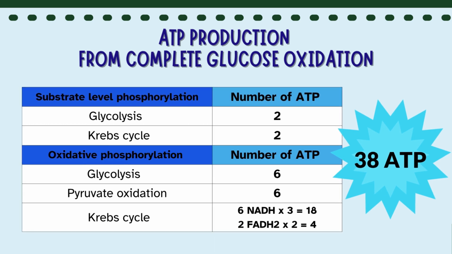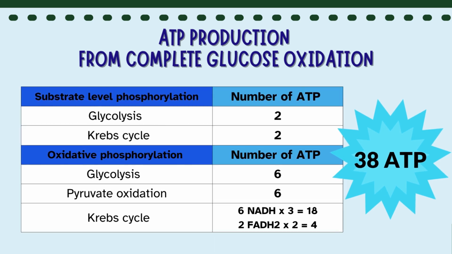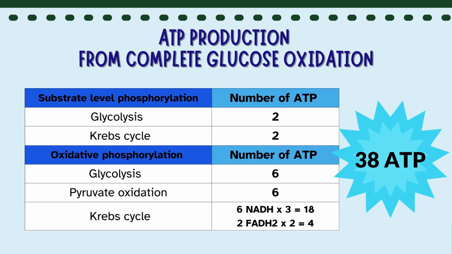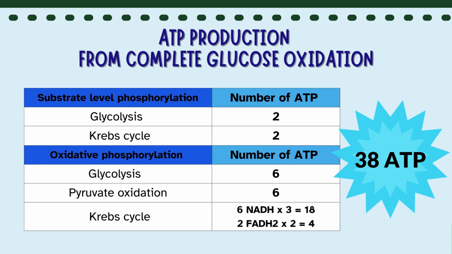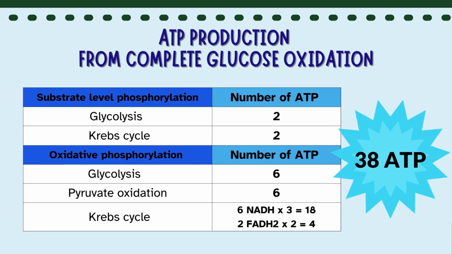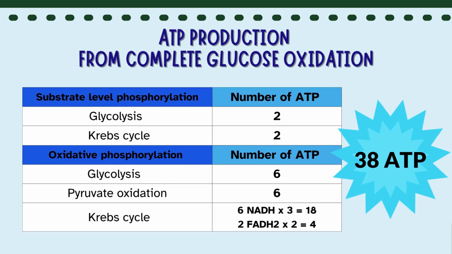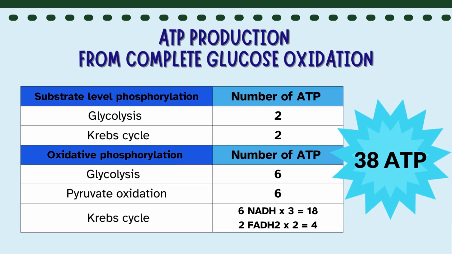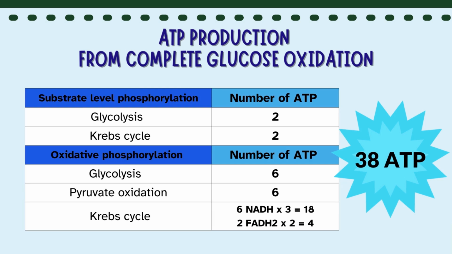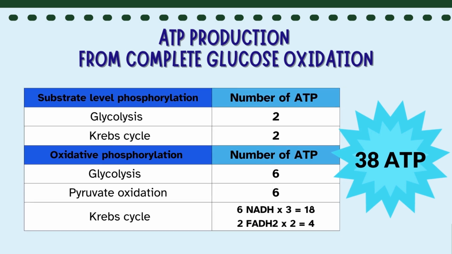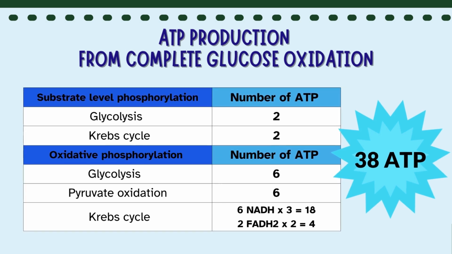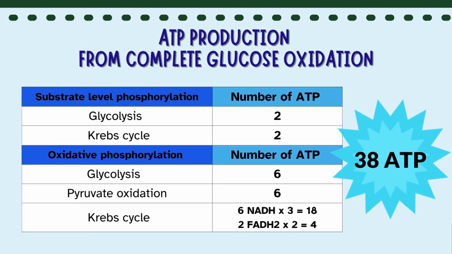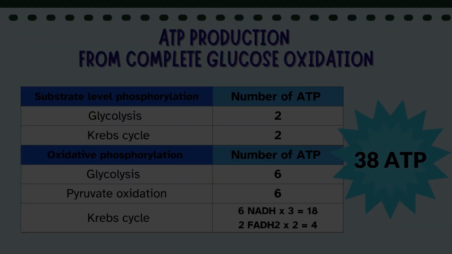The NADH from pyruvate oxidation produces another 6 ATP, and the NADH and FADH2 from the Krebs cycle produce 18 and 4 ATP respectively. When we combine ATP from both substrate-level and oxidative phosphorylation, the complete oxidation of one glucose molecule yields a total of 38 ATP. This shows how efficiently our cells convert energy from food into usable ATP.